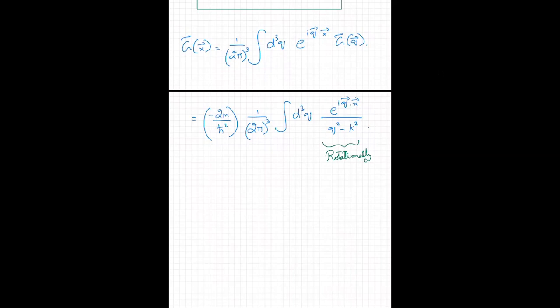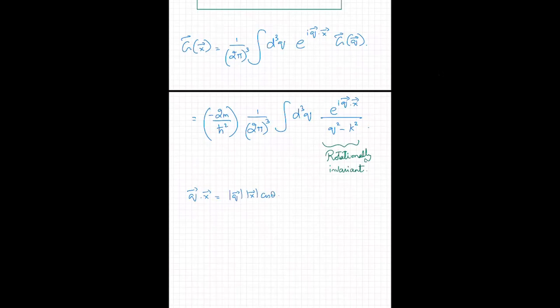Scalars are numbers, which means I'm free to position my axis in any way I want. I'll position my axis such that q is along the z direction. x is along the qz direction, which means q dot x can be written as q x cosine theta.